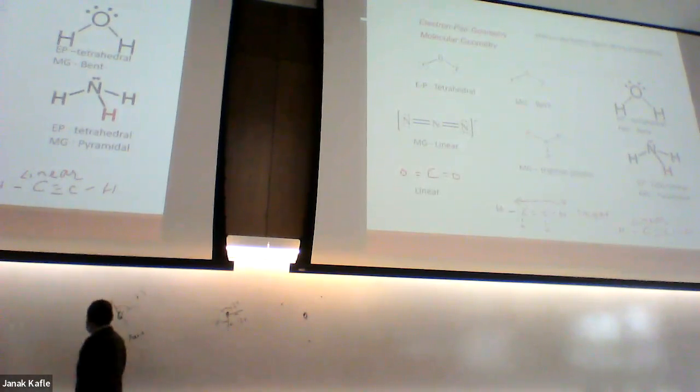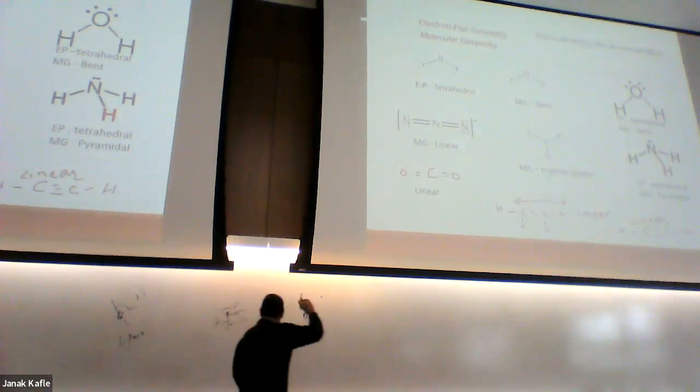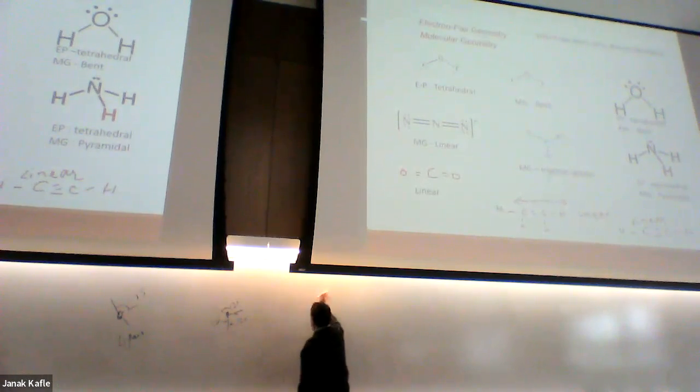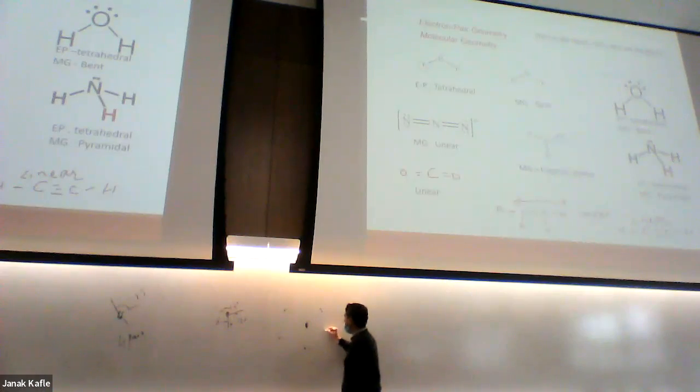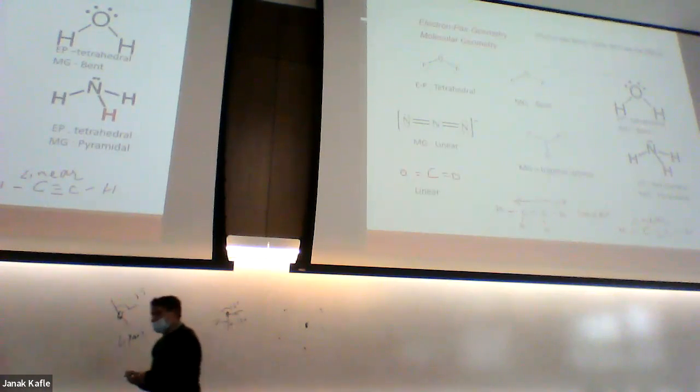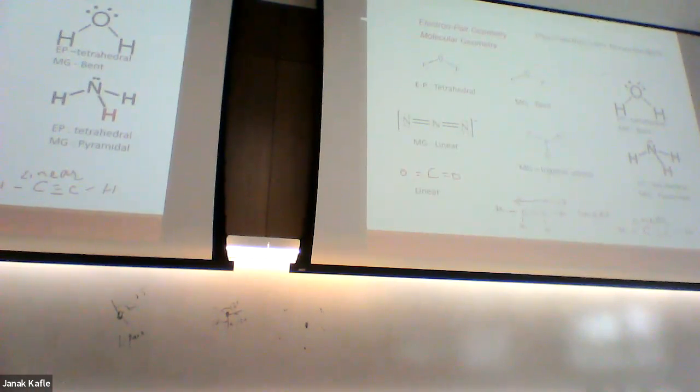So let's make 5 pairs here. Let's say the central atom is surrounded by 5 pairs of electrons. So 1 pair here, another pair, this is 3, and then I need to put another 2 pairs somewhere. So 4, 5 pairs. If it is surrounded by 5 pairs of electrons, it is hard to draw on the board.